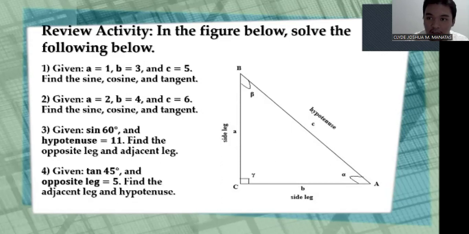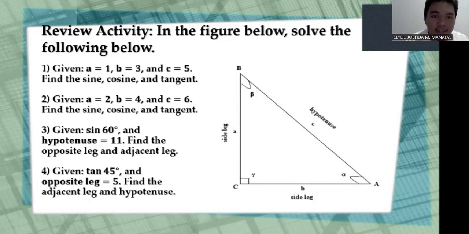Okay, all done? Let's check if your answers are correct. Let's have number one. Given that A is equal to 1, B is equal to 3, and C is equal to 5, find the sine, cosine, and tangent. So what is the sine?